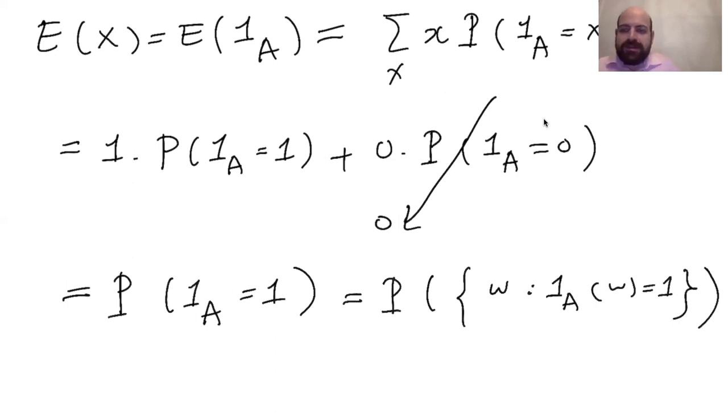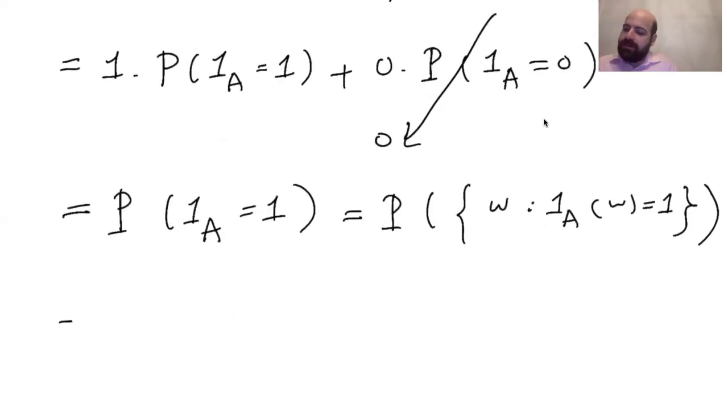Okay, what is this set now? This set is exactly A, capital A. Why is that true? Because by definition of 1A, every element in A has the feature that 1A of that element is 1.